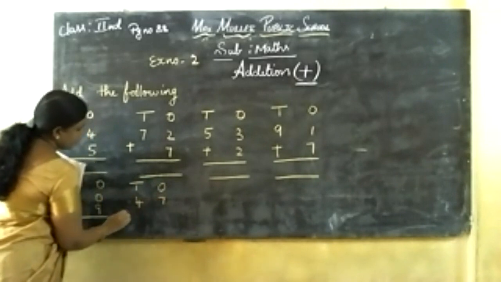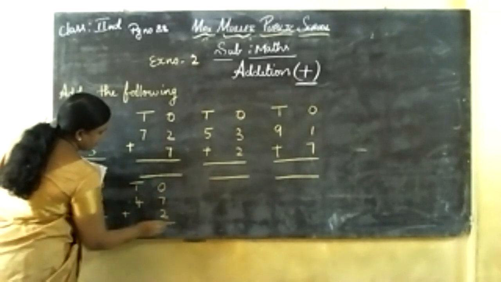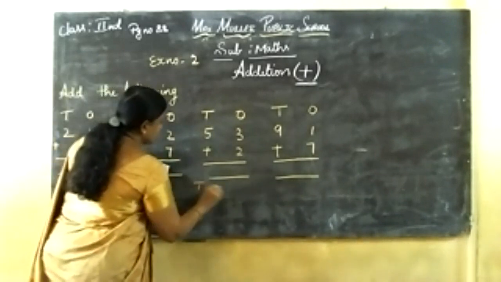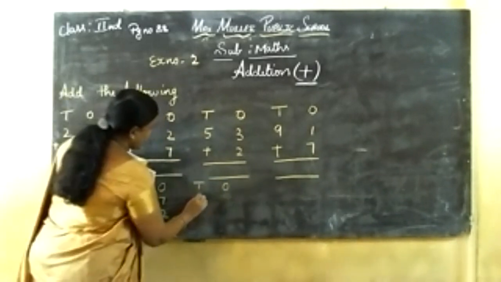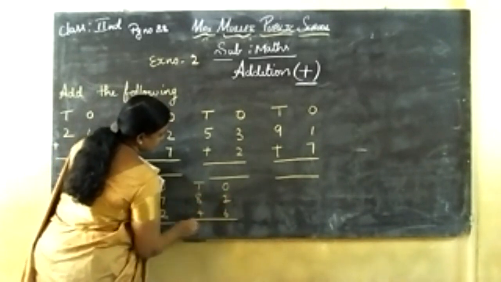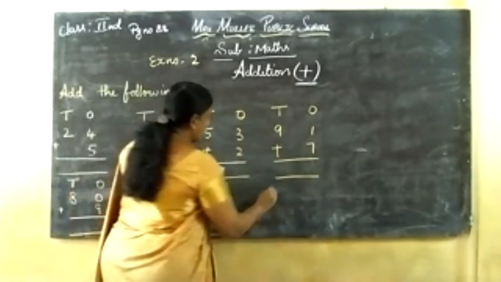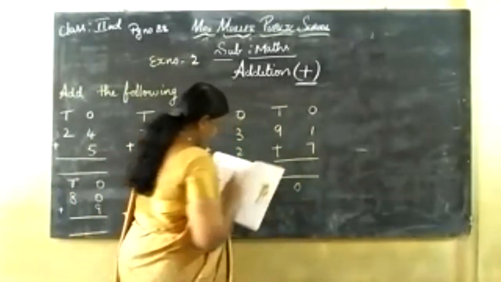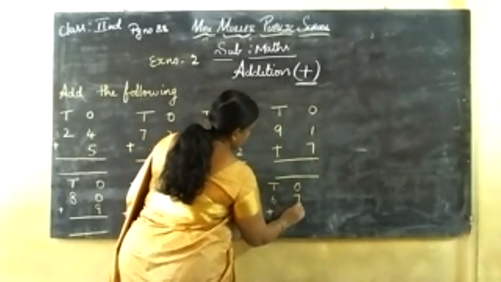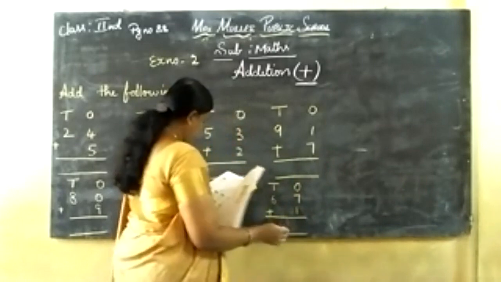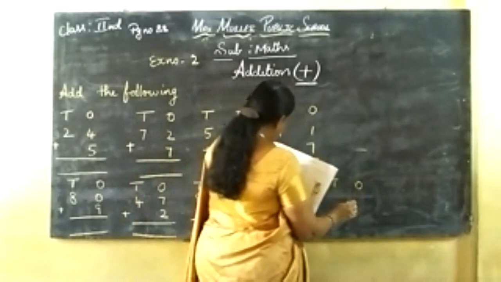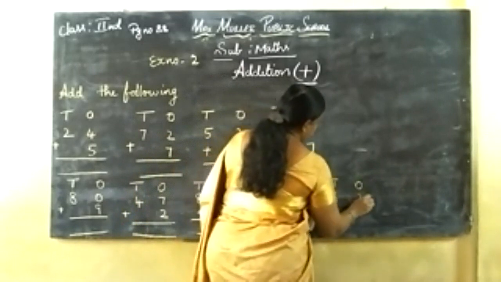Forty-seven plus 2. Tens, ones. 82 plus 6. Tens, ones. 67 plus 1. Tens, ones. 32, 7.